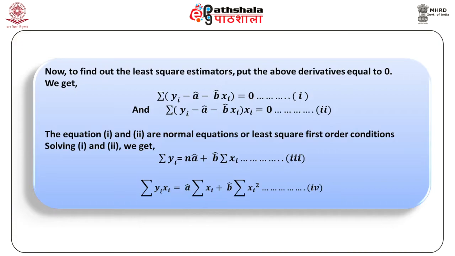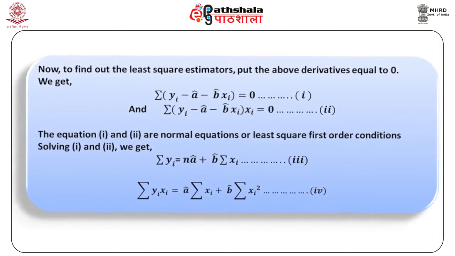Solving 1 and 2, we get summation yi equals n a cap plus b cap multiplied by summation xi, which is our third equation. Then the fourth equation will be summation yi xi equals a cap summation xi plus b cap summation xi whole square.